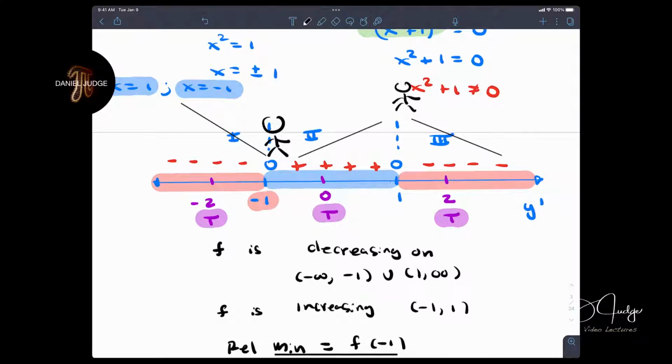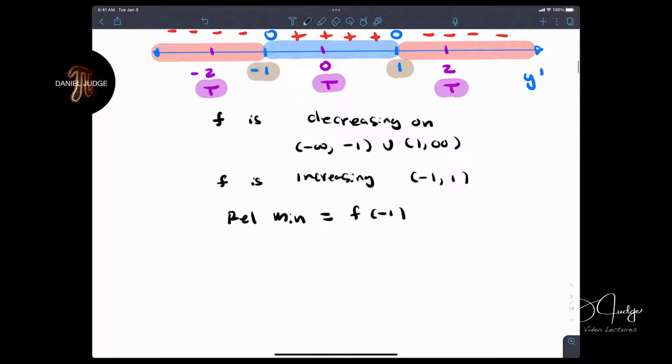When x is +1, maybe we should change the color. -1, +1. At +1, though, you're on a hill. So that's a relative max. We just need to know what those values are. And we have to plug them into the curve, the original curve, -1 and +1.